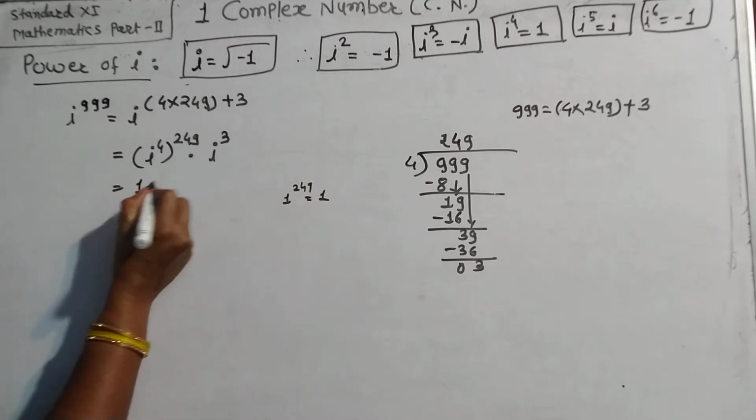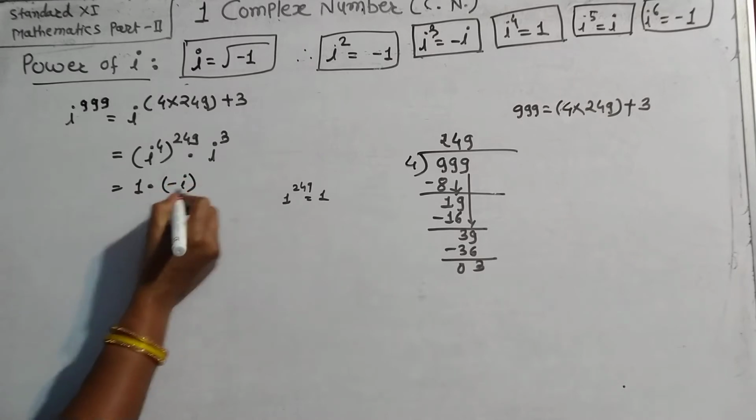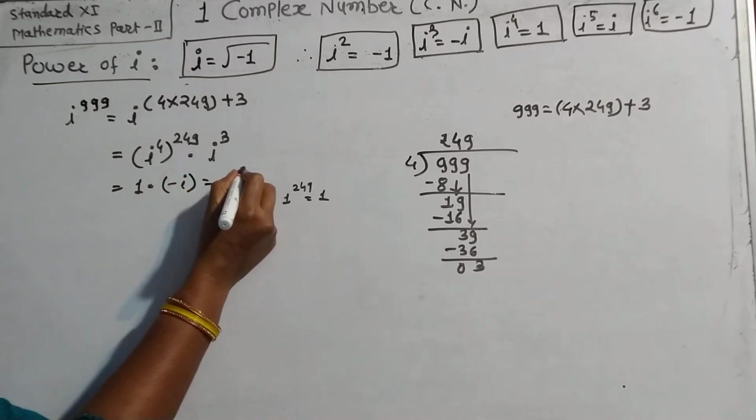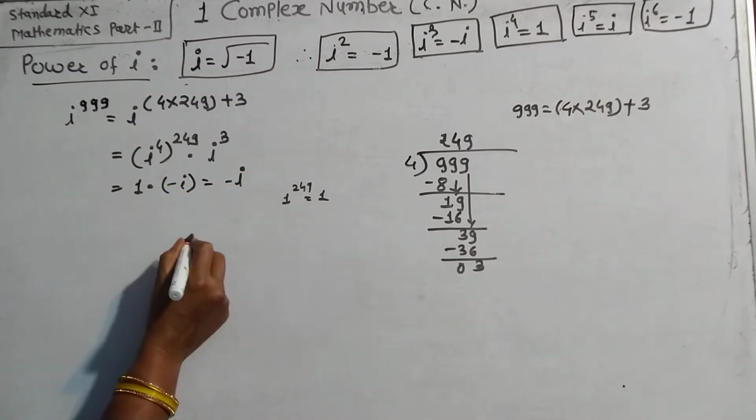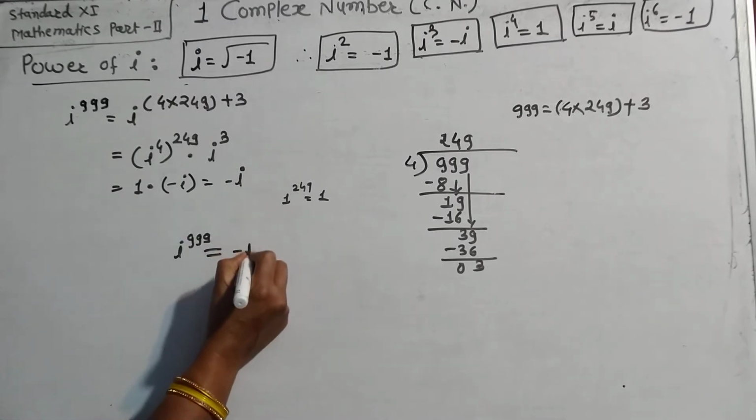Then 1 into i cube is minus i. Therefore the answer is minus i. Therefore i raised to 999 is equal to minus i.